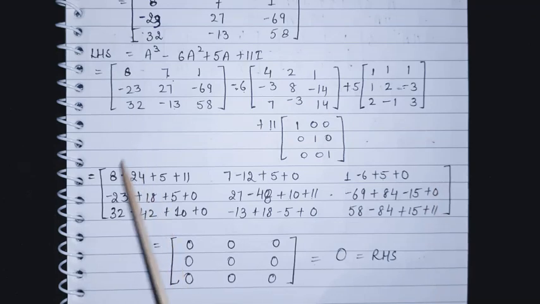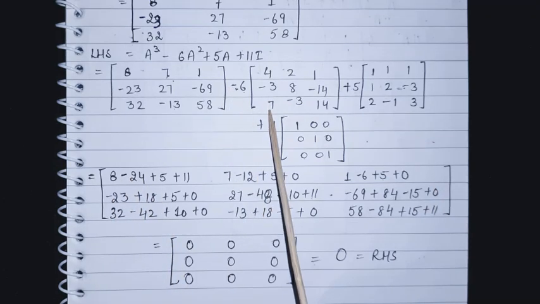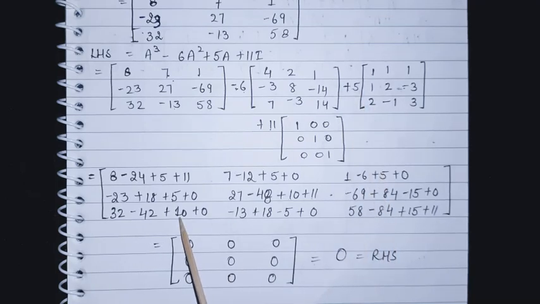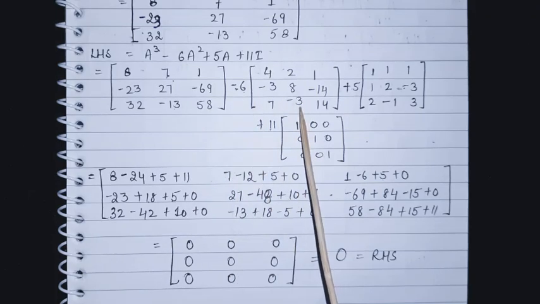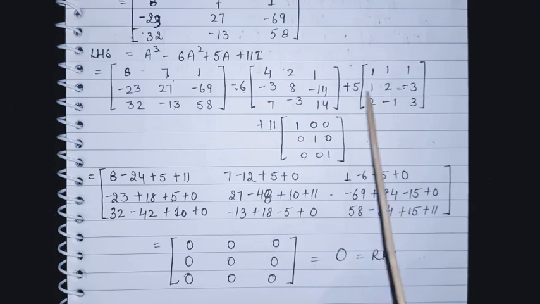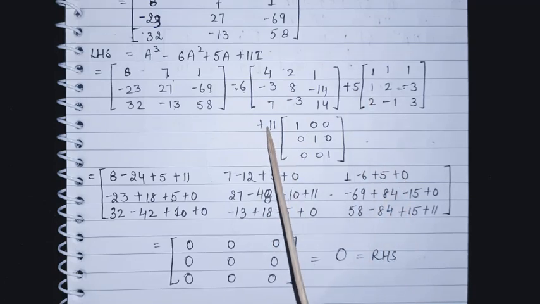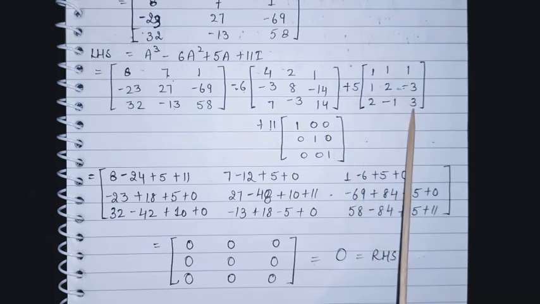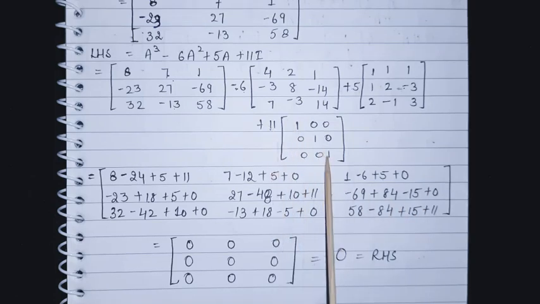This element will be 32, minus 6 into 7 is minus 42, 5 into 2 is 10, and 11 into 0 is 0. This element will be minus 13, minus 6 into minus 3 is plus 18, 5 into minus 1 is minus 5, and 11 into 0 is 0. And the last element will be 58 as it is, minus 6 into 14 is minus 84, 5 into 3 is 15, and 11 into 1 is 11.